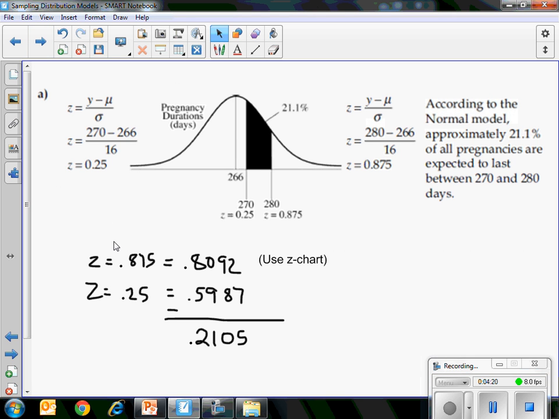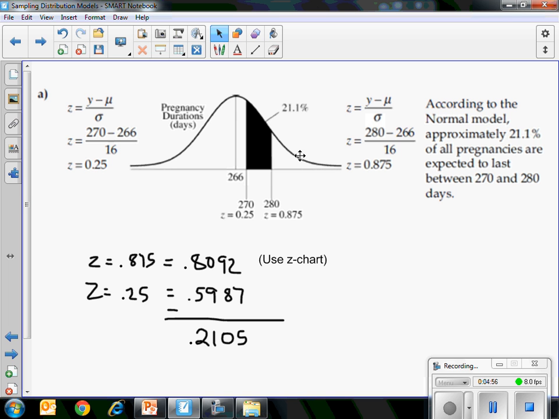So here's what it looks like. Here's my normal model. Here's the 266. Here's the 270. And again, we're looking for the area under the curve between 270 and 280. So we find the z-score of 270 by taking 270 minus 266, and we divide that by our standard deviation, 16. And we get 0.25.